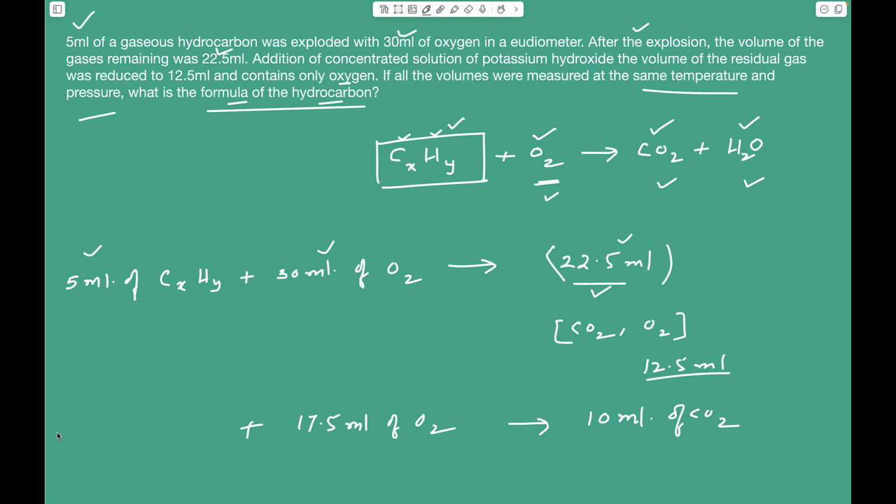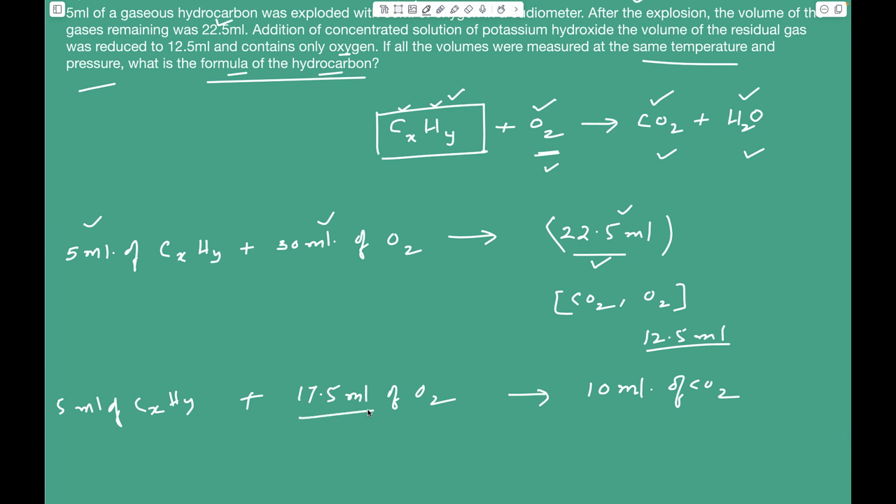So 5 ml of this hydrocarbon on complete combustion with exactly 17.5 ml of oxygen produced 10 ml of carbon dioxide, and of course some water vapor also. And we do not know the volume of this water vapor.